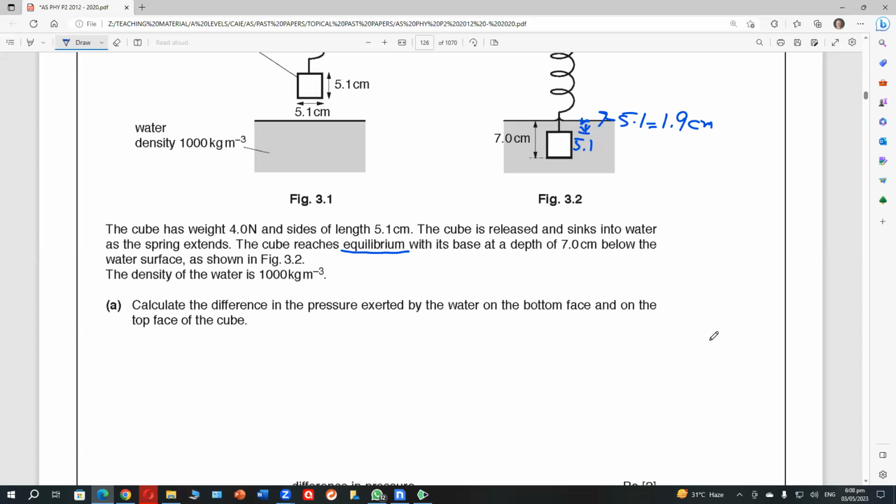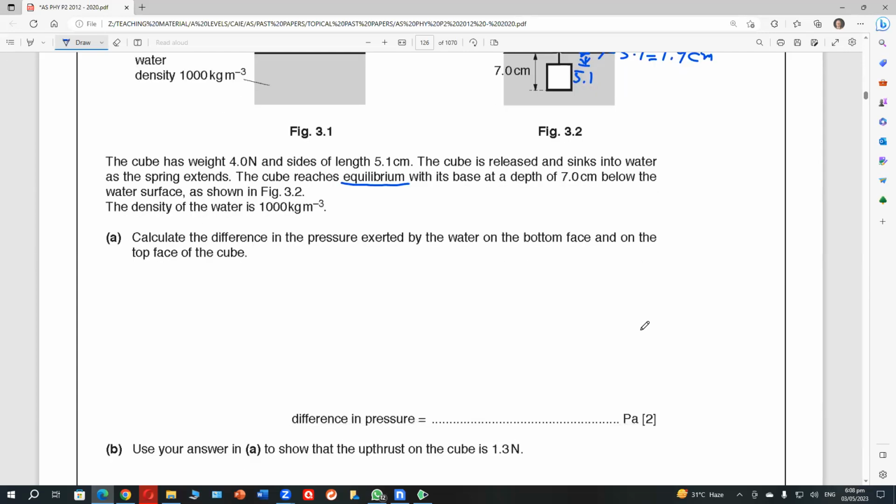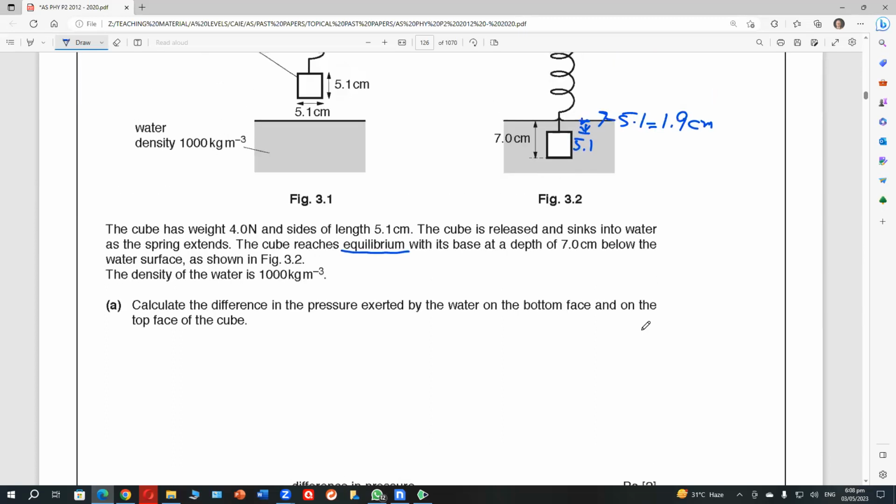So in this, we will use rho g delta h. He's asking, calculate the difference in the pressure exerted by the water. So actually, I have calculated the top length and the depth of the bottom part.